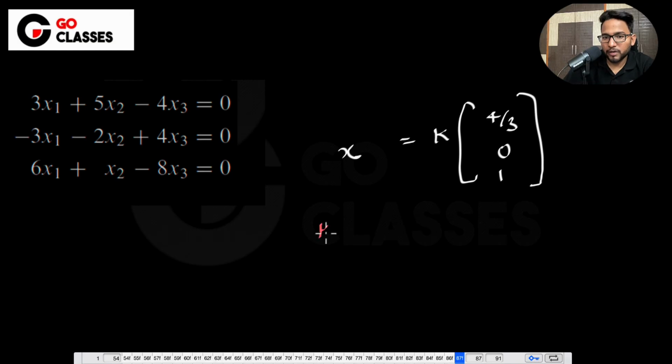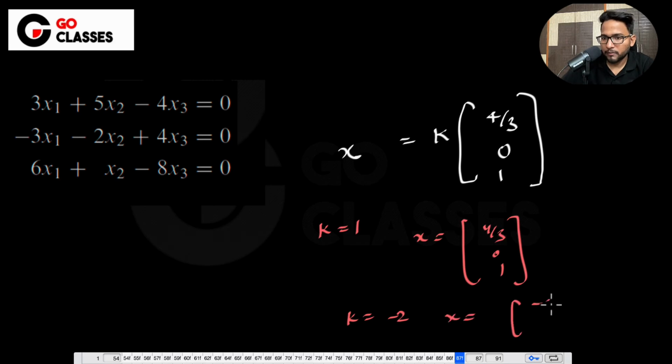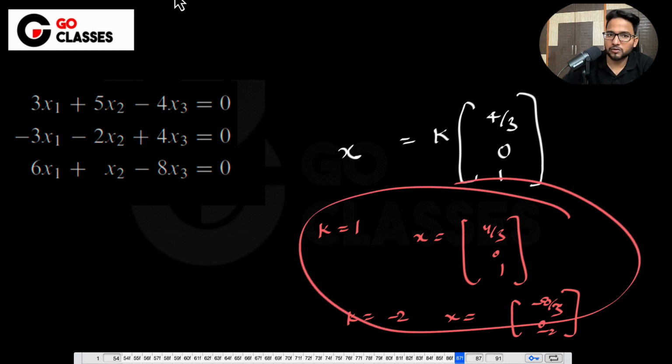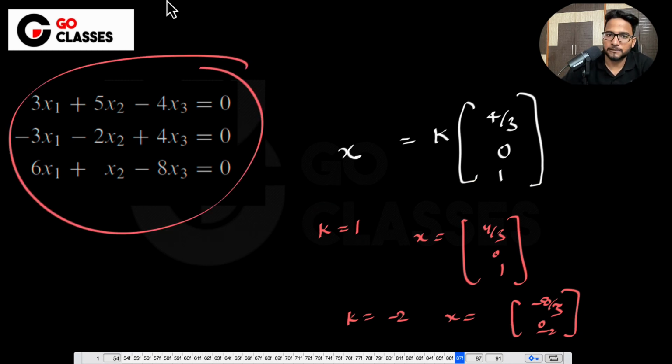If you put k equal to 1, then you will be getting x equal to 4 by 3, 0 and 1. If you put any other value, let's suppose minus 2, then you will be getting x equal to minus 8 by 3, 0, minus 2, or something like this, right? So for different values of k, you will be getting different values, which means there are infinitely many solutions, and every solution satisfies this set of equations, right?